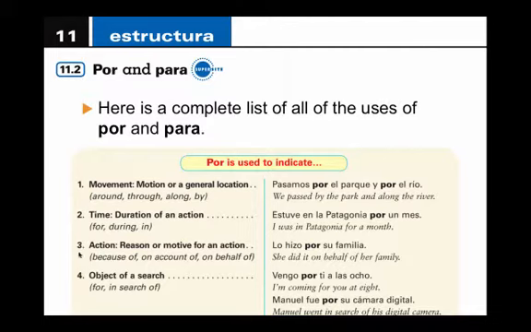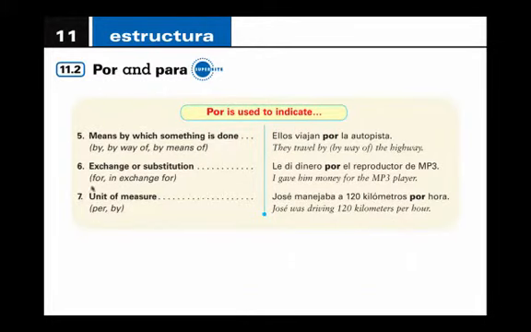Three, action, reason or motive for an action. Four, object of a search. Por is also used to indicate five, means by which something is done. Number six, exchange or substitution. And finally, seven, unit of measure.